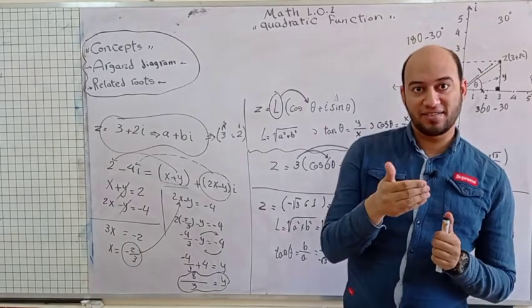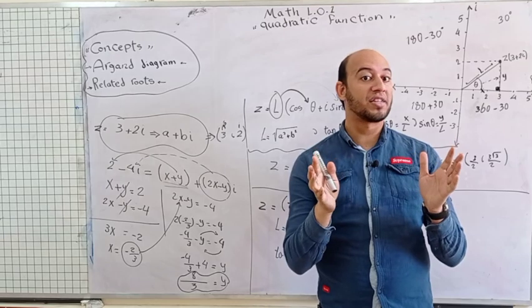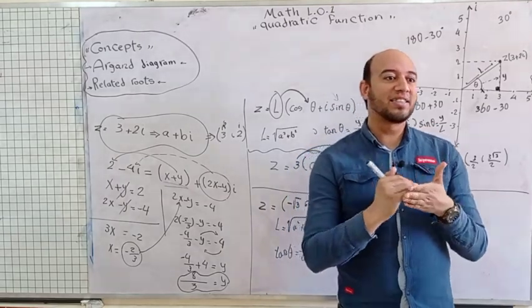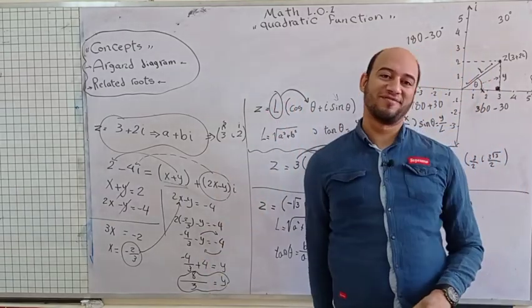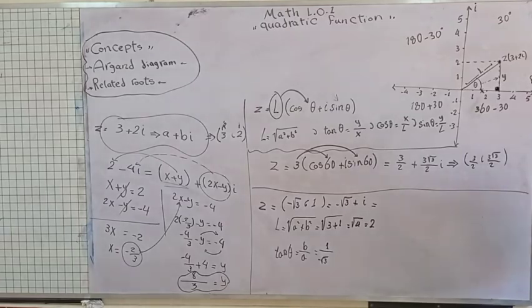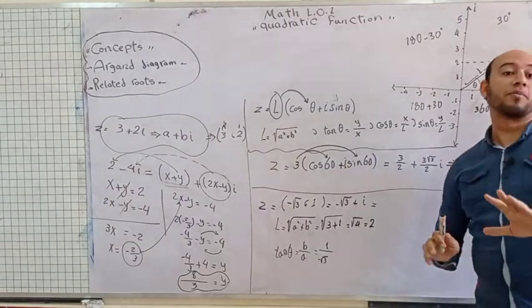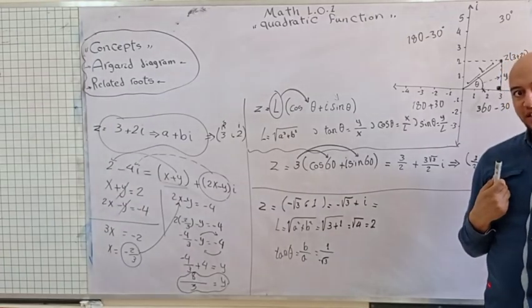But after that, you determine the quadrant which your complex number lies in, and depending on that, theta will be the right answer. The calculator gives us 30 when we press shift tan of 1 over root 3. Now we can determine the quadrant to get the right answer. How can we get the quadrant?